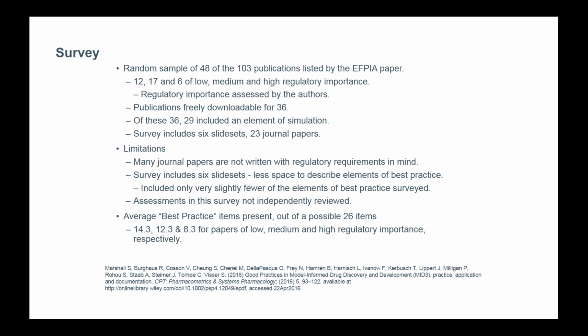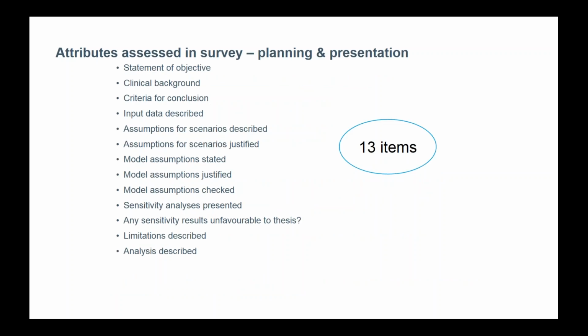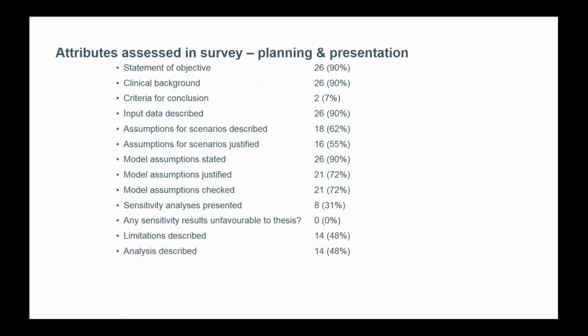No criticism is meant of the papers, it's simply a look at the practice as we have it at the moment. So the first set of attributes I looked at was the more general ones of planning and presentation, 13 items, and here are the percentages I found in those 29 papers.